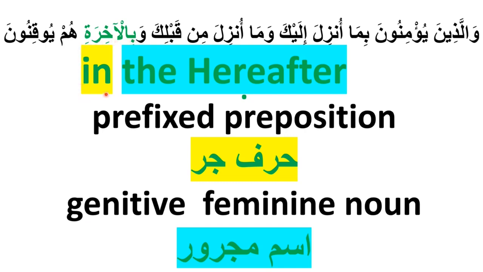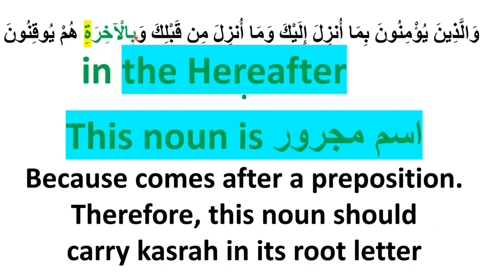بالآخرة, in the hereafter. Be, or in, is a prefix preposition, حرف جر. الآخرة is a genitive feminine noun, اسم مجرور. بالآخرة. الآخرة, this noun is an اسم مجرور because it comes after a preposition, the preposition being be or in.